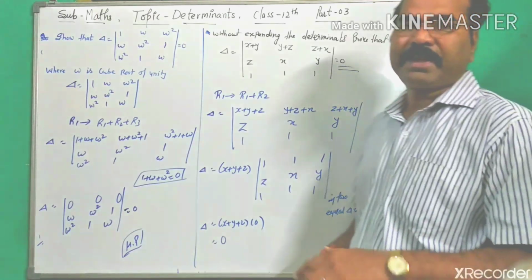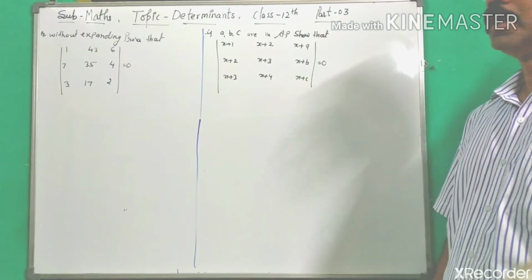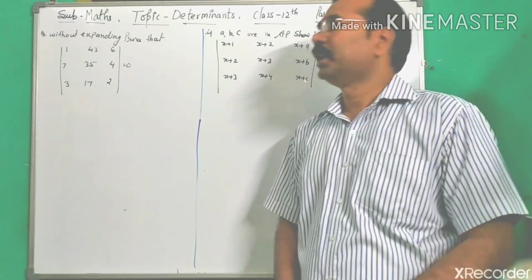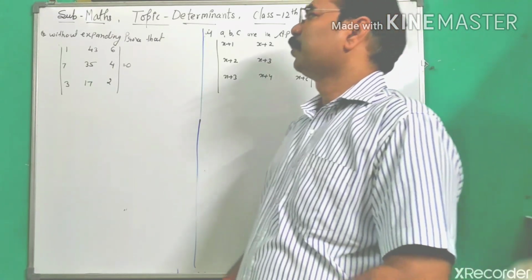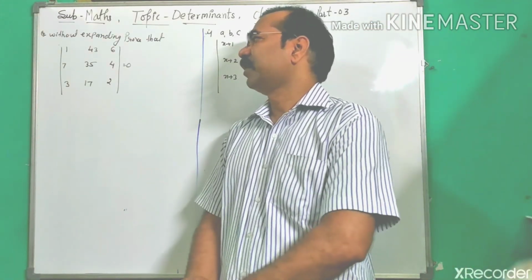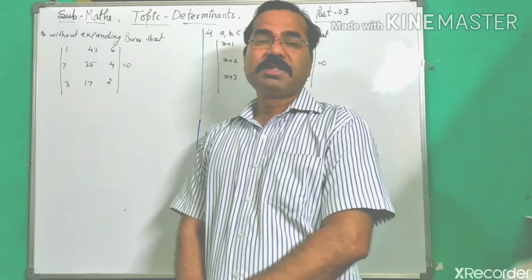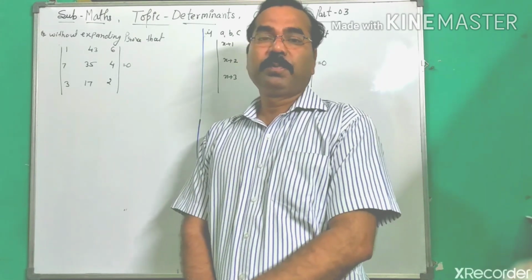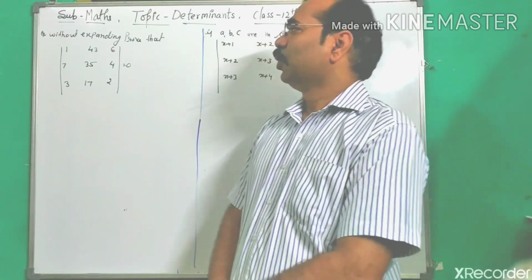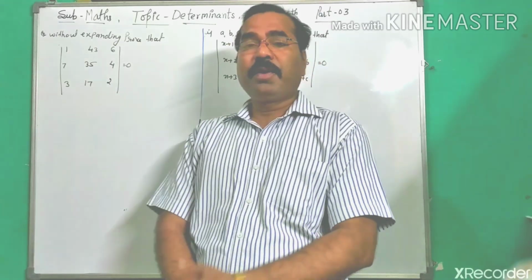Now we take another example. Yes students, here is the question: without expanding, prove that the determinant |1 3 143; 6 7 35; 4 3 17 2| is equal to 0. Without expanding, you have to prove that. What is our object?